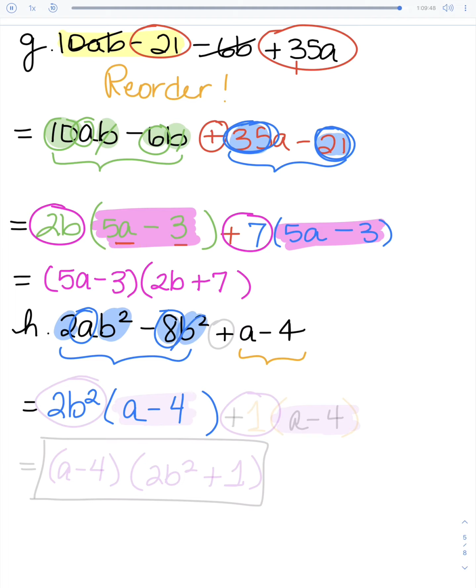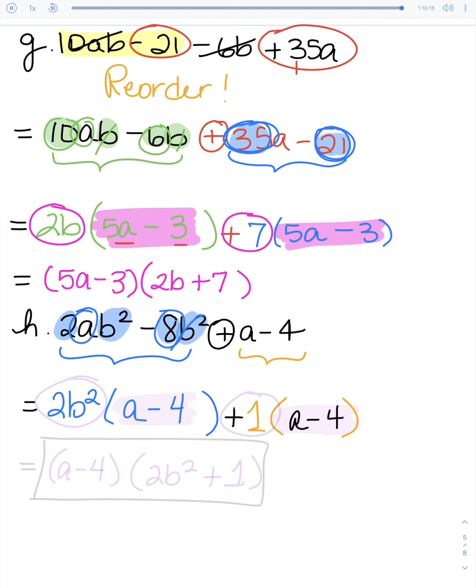Now notice if we look at the second pair, we do have a plus before them, so we'll carry that down. And we do have an a minus 4 for the second pair. Notice they don't have anything in common, so the only thing that we could write in front of that a minus 4 is just a 1, and that wouldn't change anything. It's just unhiding a hidden 1 that's always in front of everything.